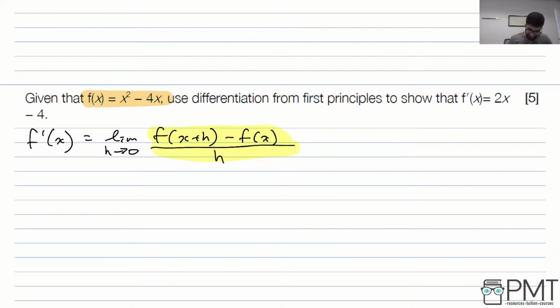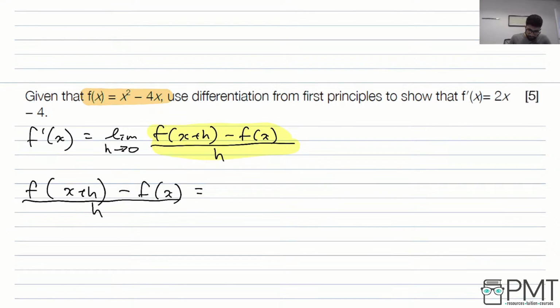So let's do this. We have f of x plus h minus f of x divided by h. To find f of x plus h, you substitute x plus h into wherever you see an x in our function.